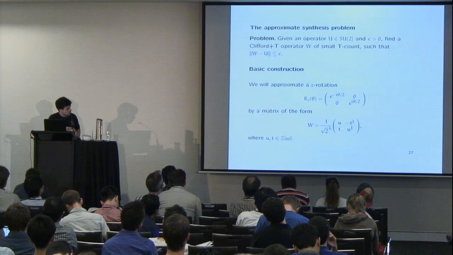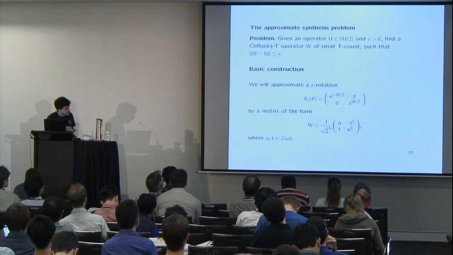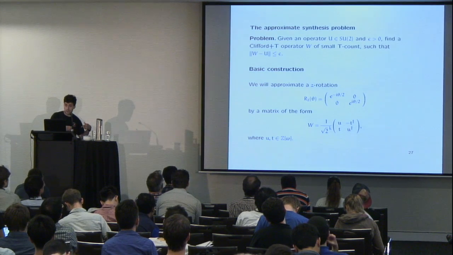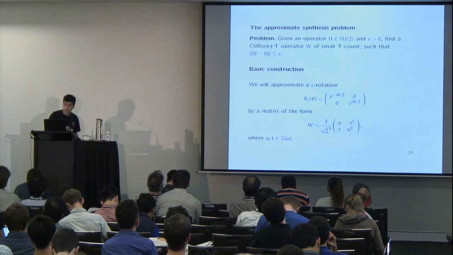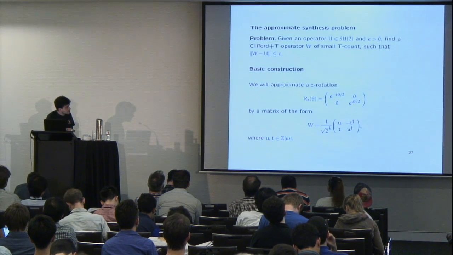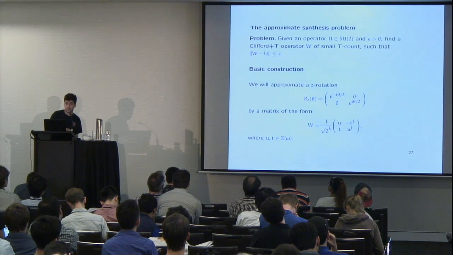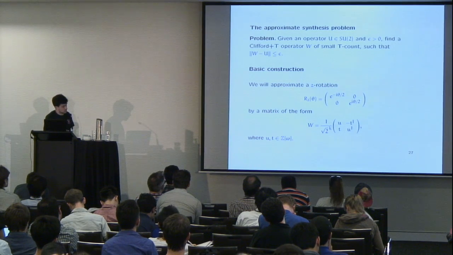So we find one of those that's close to RZ theta, and once we found it, we can use the KMM algorithm to transform it into a circuit. So really the goal becomes find such an operator, epsilon away from RZ theta, and try to minimize K while you're at it, so that you're going to minimize the T count of the approximating circuit.